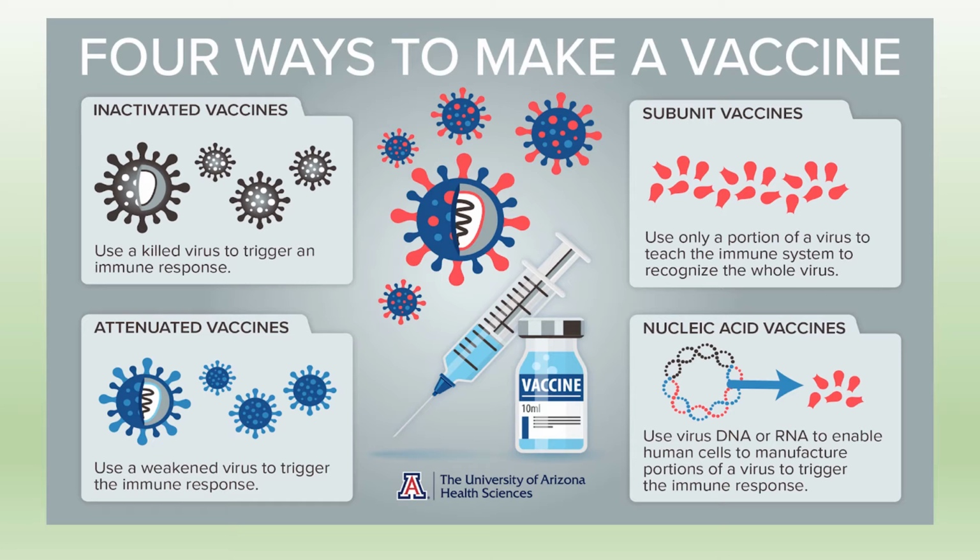By attacking these subunits, you can stop the virus or bacteria from getting into your cells. Subunit vaccines are not as long lasting. You may need boosters, but they are very, very safe. Whooping cough, hepatitis B, the shingles vaccine all use this technology.